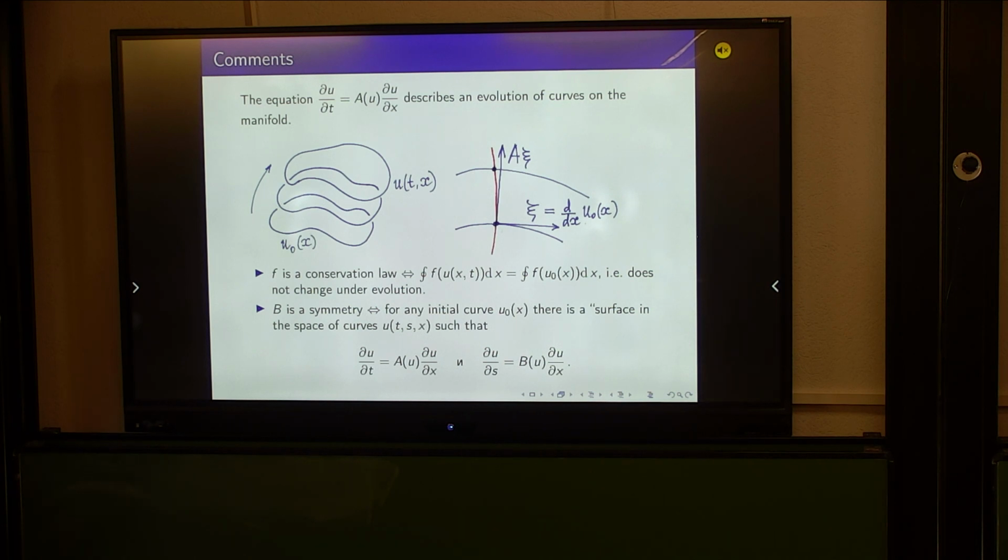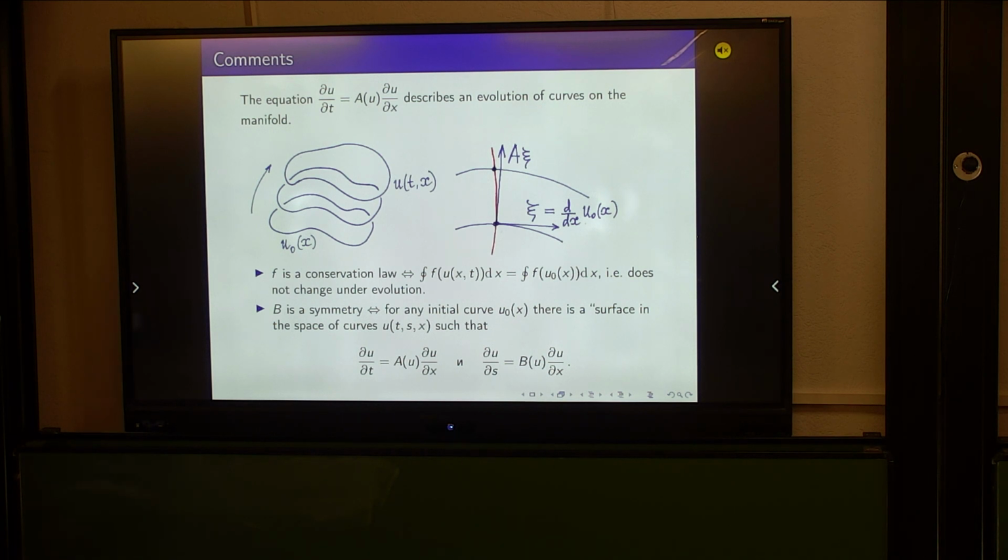we will be considering the infinite dimensional dynamical system defined by this operator. This is a so-called quasi-linear system, a very well known and studied object in geometry and mathematical physics. Now, what kind of evolution does this equation describe?